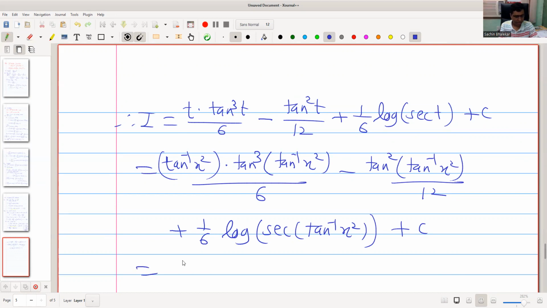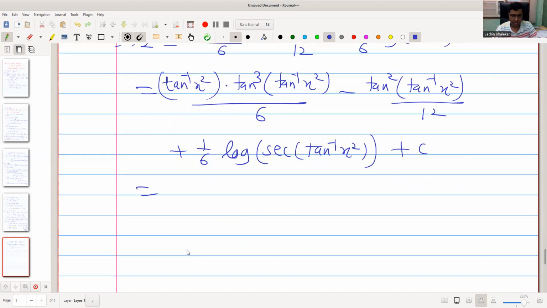Now we can further simplify. So this is tan inverse x square into tan cube theta, which means tan of theta raised to 3. So this is tan of tan inverse x square, which is x square. X square raised to 3 means x raised to 6, by 6, minus, similarly here x square raised to 2, so it is x raised to 4 by 12.